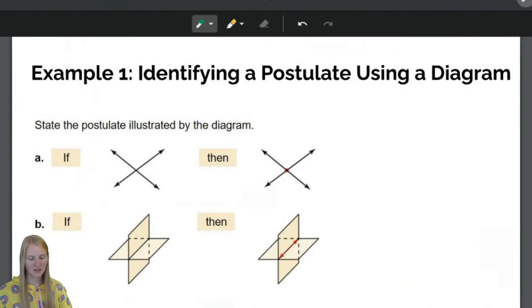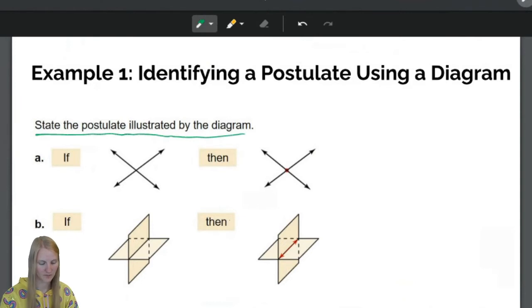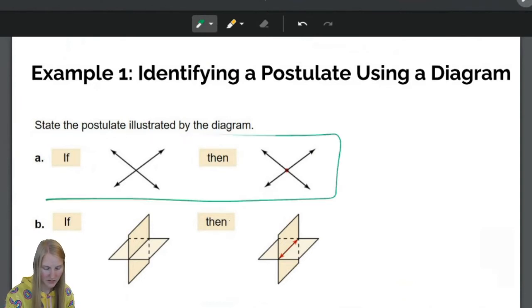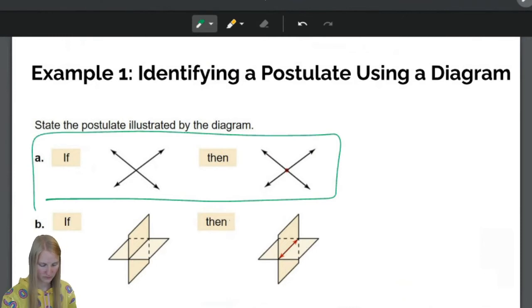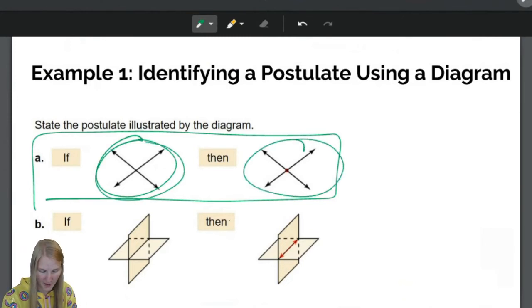So, example number 1 says, state the postulate illustrated by the diagram. Part A: I see 2 lines crossing. What's the difference between these 2 pictures? Oh, there's a point right here in the middle.